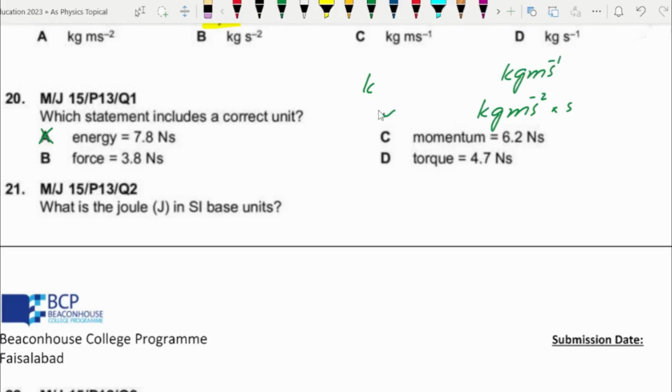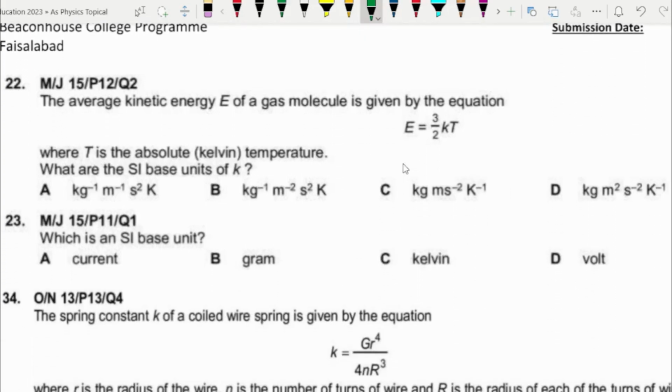Then from the formula of momentum that you study in O levels or IGCSE physics, the formula of momentum was the product of mass and velocity. So you have the unit of mass multiplied by the unit of velocity, which is meter per second. So this should be the right answer. In all other options there is some problem. Let's move on to the next one.